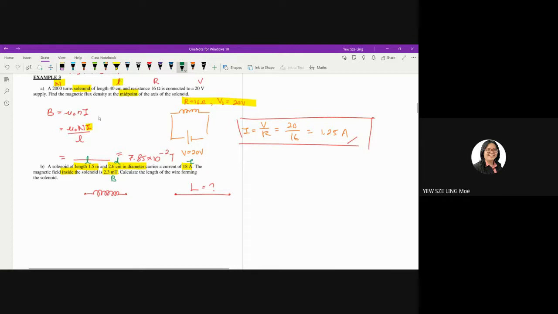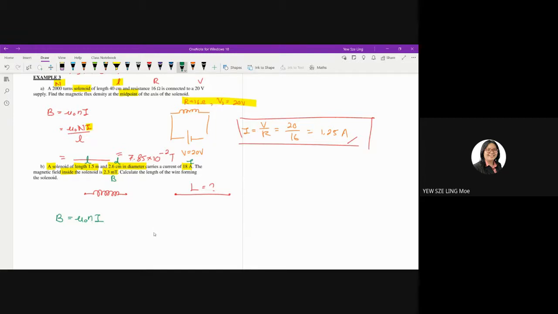If again you look at this question, a solenoid means you have one solenoid. So how am I going to solve it? Again, it is a solenoid question. B equals mu naught n I. Do I have the small letter n?